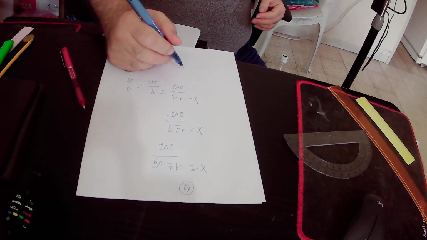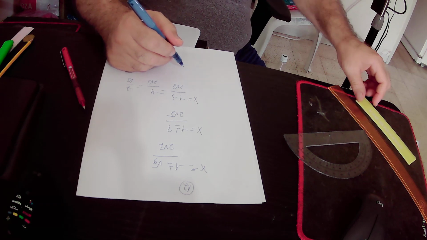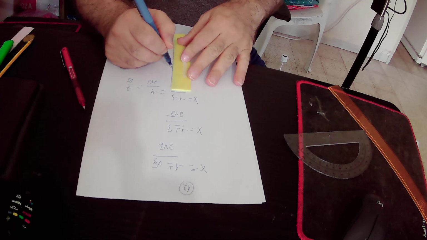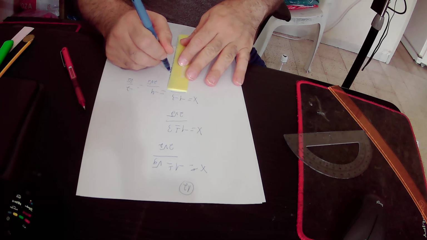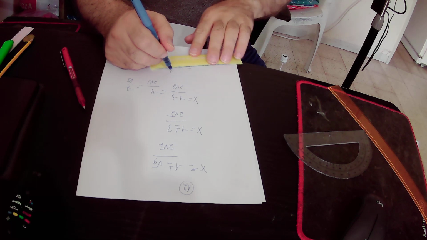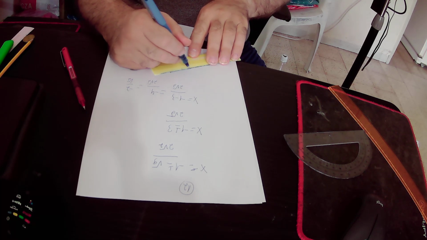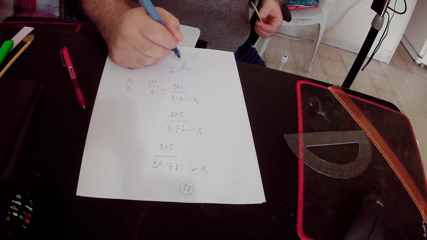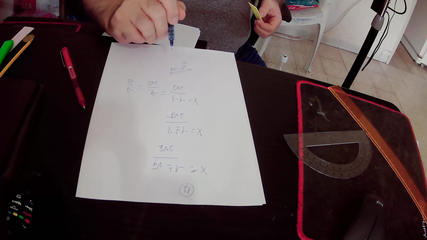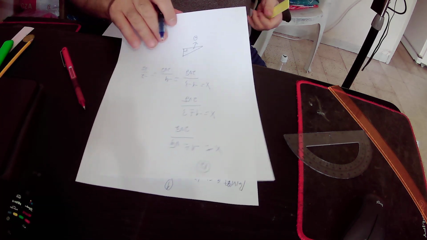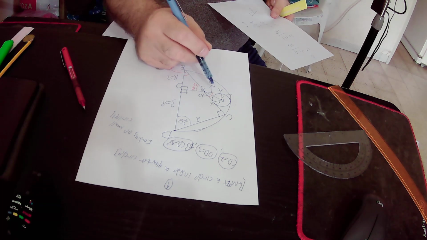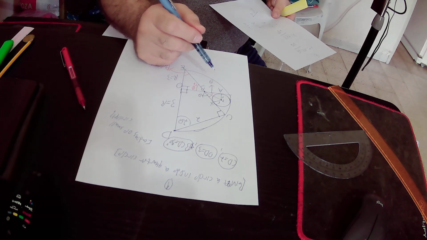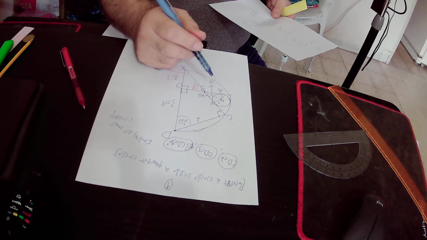But we know that tangent theta, here we have angle theta. This is angle theta. This is 90 degrees. We have this right triangle, and here we have angle theta, and this is a right angle.